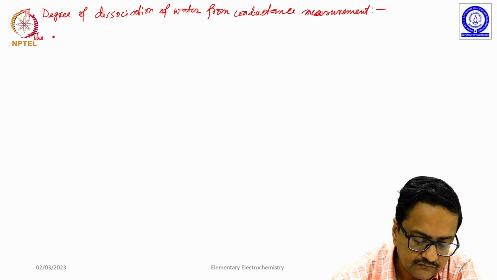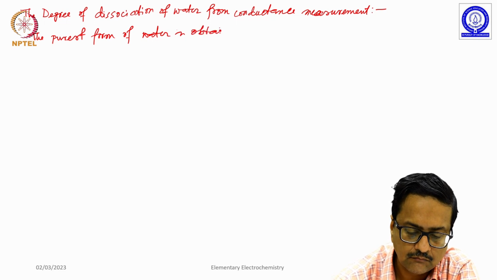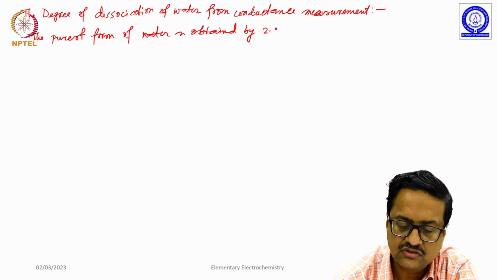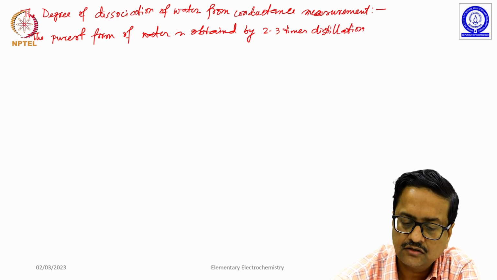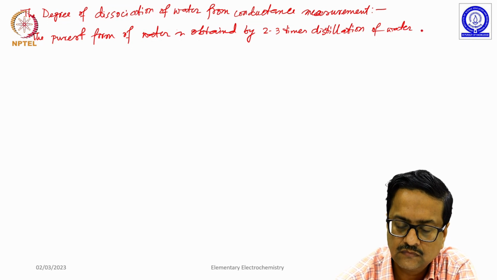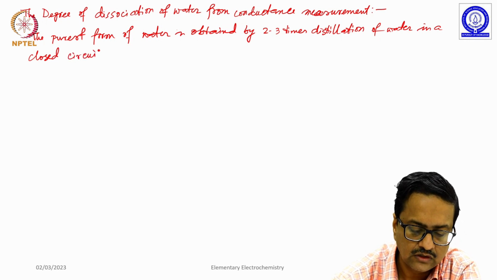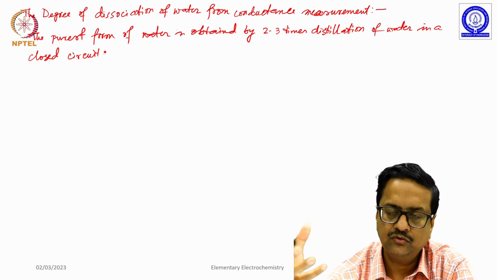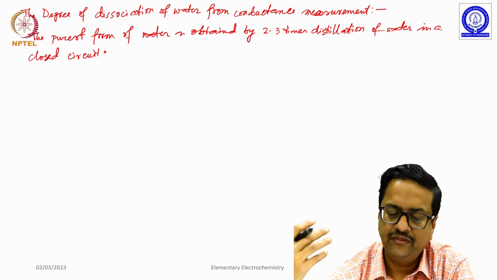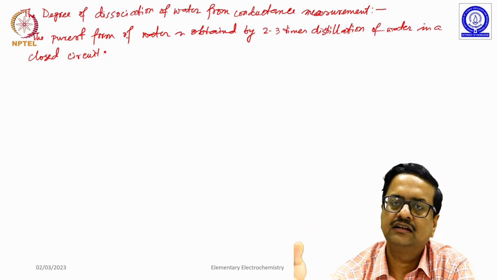So, the purest form of water is obtained by 2 to 3 times distillation of water in a closed circuit, which essentially means that you distill water from first container, collect it in a second container which is isolated from the environment, and then use the second container as a boiler, boil that water, again collect the water vapor in a third container and do the same again.